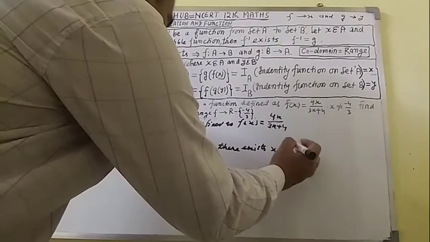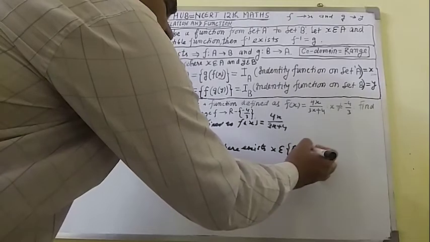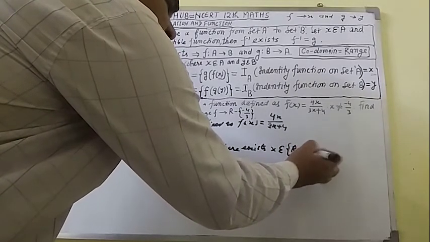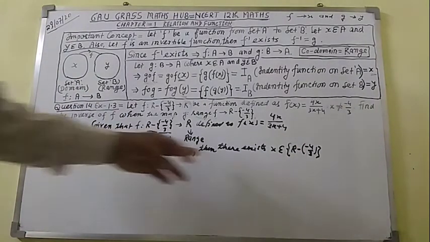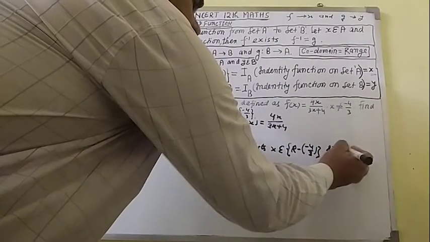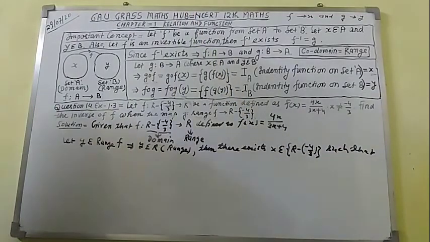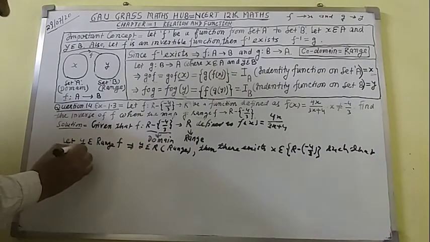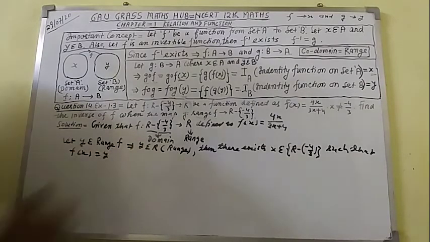Here you write in curly bracket R minus {4 over 3}. So x belongs to the domain, such that f(x) = y.